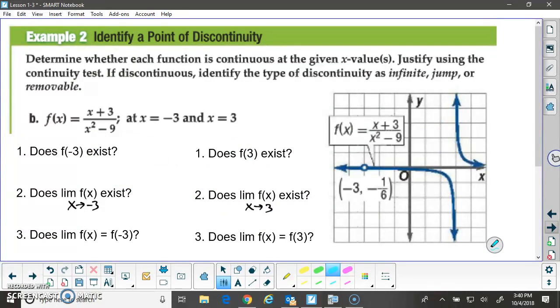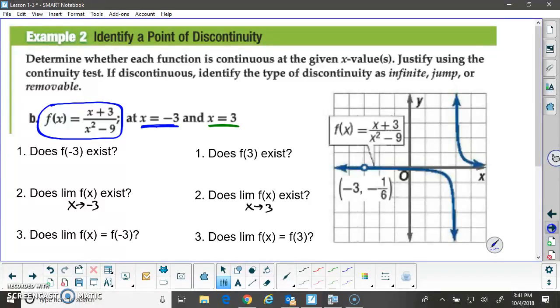Here's another example. This is a rational function. A rational function is one that can be expressed in terms of a fraction. Now they're asking us to test it at negative 3 and also at positive 3. So our first step to test it at negative 3 is ask yourself, does f of negative 3 exist?